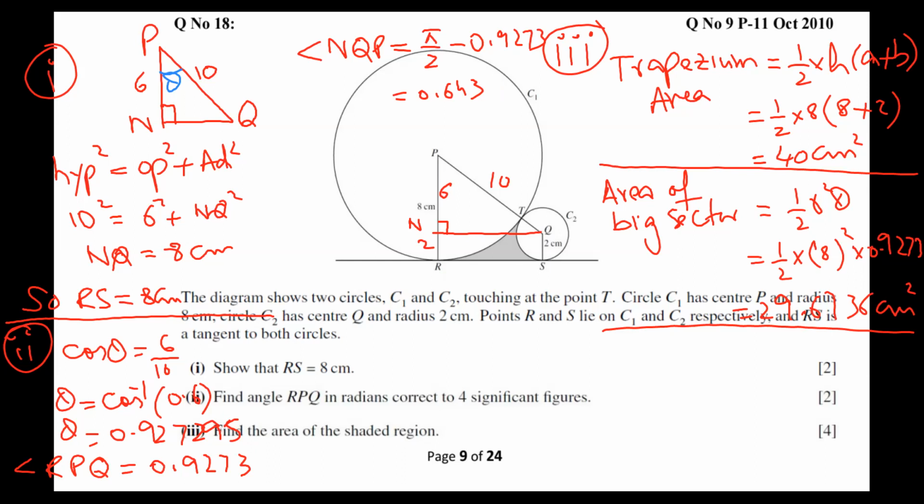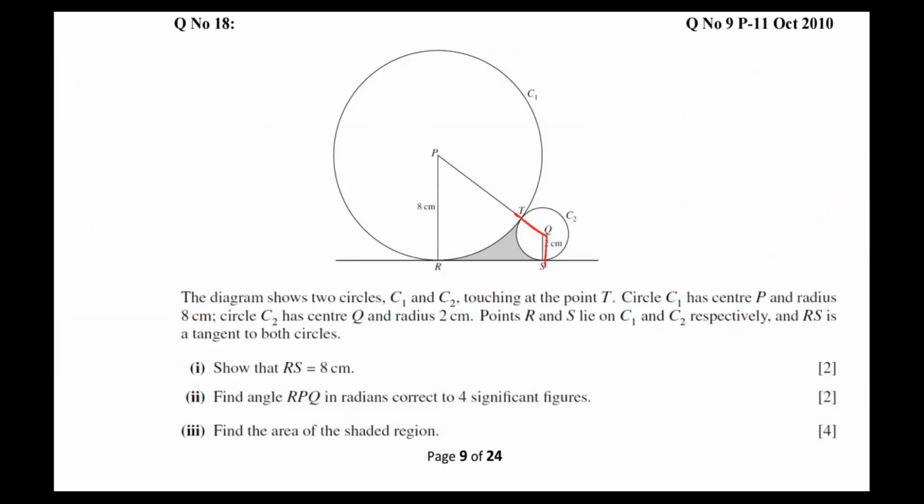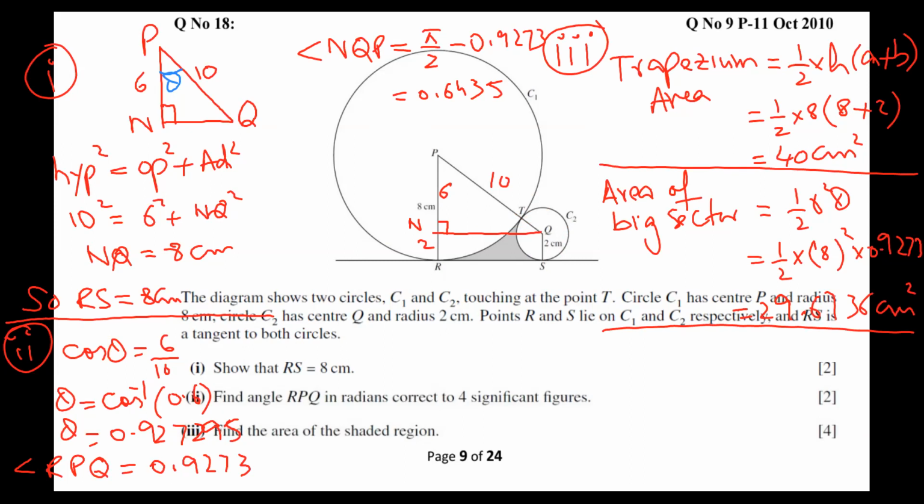After this, the problem is that I don't need only this angle. The bottom angle is pi by 2, so we need the full angle at the sector TQS. How to get this full angle? Because the bottom is pi by 2 or 90 degrees, add this.